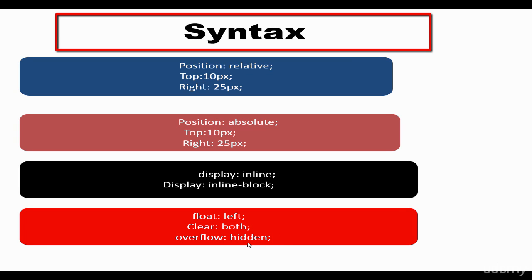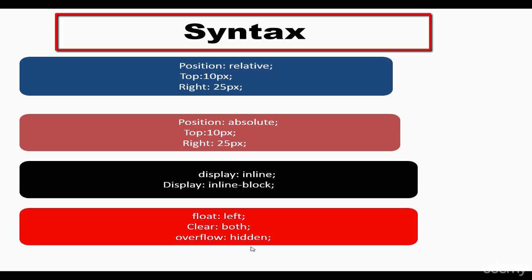There are other values you can specify with overflow. There is auto, there is scroll, and a few others, but the common ones that I use are hidden and auto. What auto does is hide it, and it can also create a scroll so that you can see the rest of the content after it's been clipped. So these are the main properties and values that you can use to determine the position and display of an element on a web page.